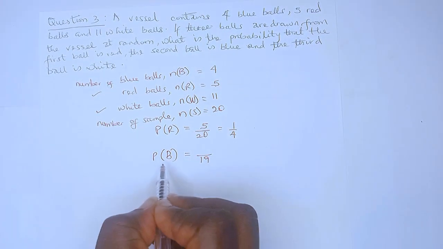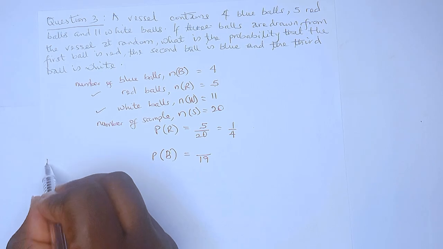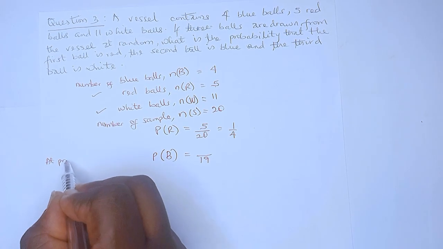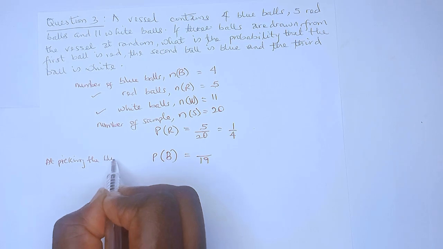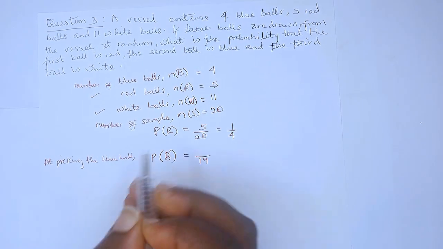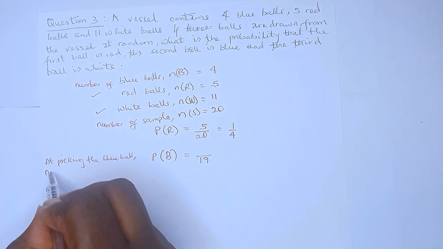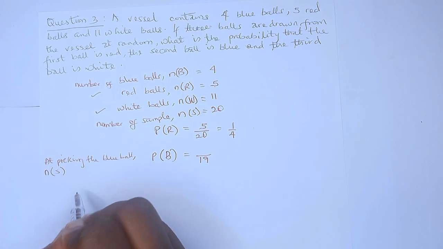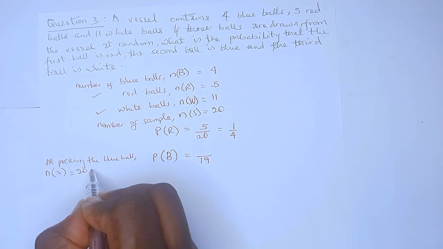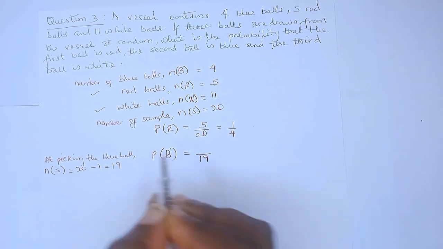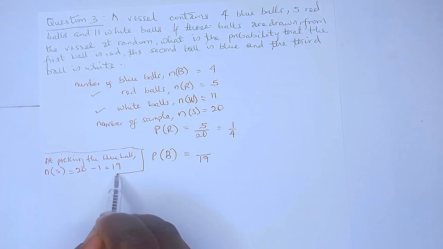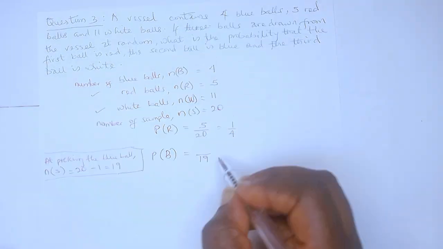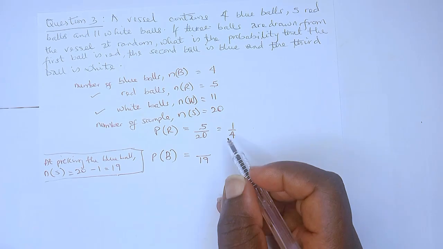So at picking the blue ball, the number of the sample balls, NS, is going to be equal to 20 minus 1, which is equal to 19. Please note this information very well. So that's the reason why our N of S has reduced to 19.